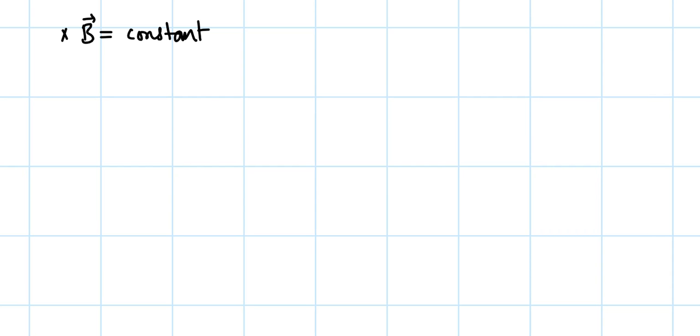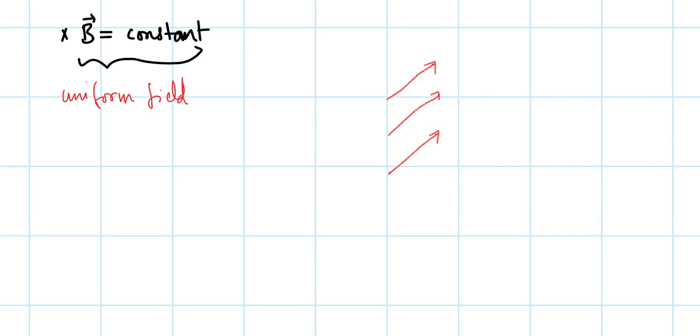A constant magnetic field in a region indicates a uniform field. So the peculiarity of a uniform field is that all the magnetic field vectors will be parallel and will have the same magnitude, somewhat like this. Since it's within a region, I will have to draw it and extend it to other areas also.